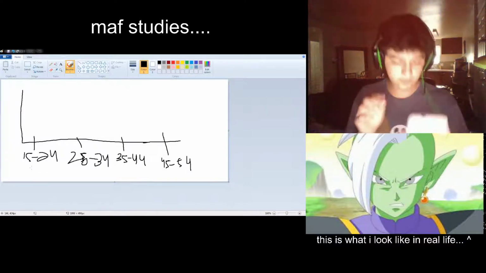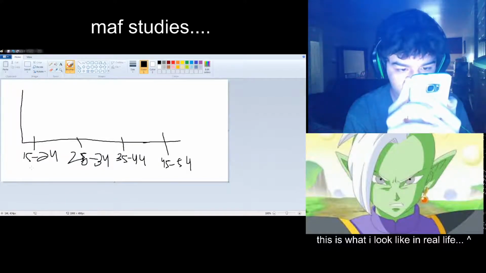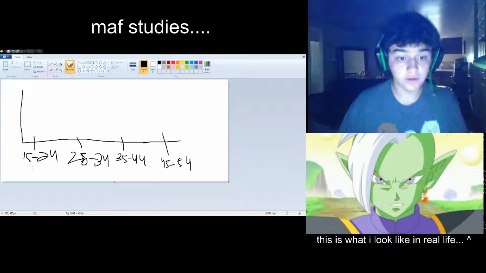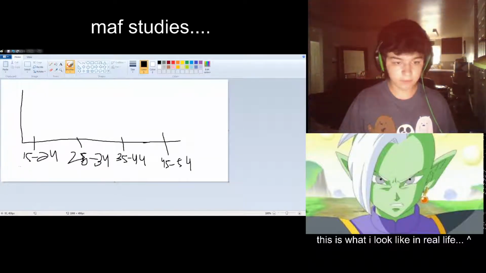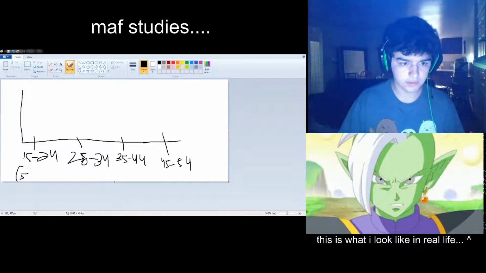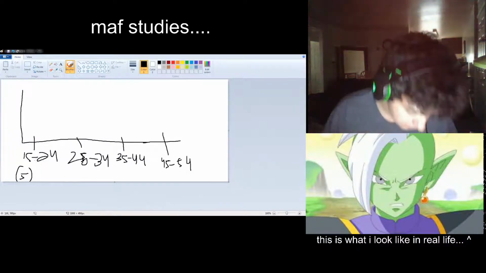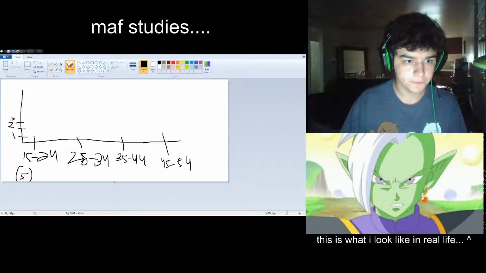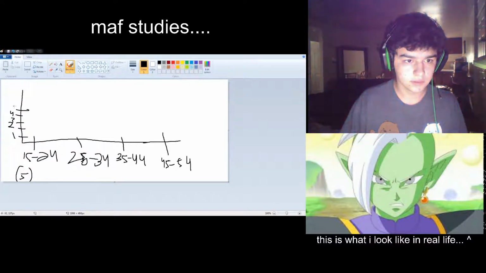So numbers from 15 to 24, there are 1, 2, 3, 4, 5. So there are 5 numbers in between 15 and 24. And so on this graph, it goes 1, 2, 3, 4, 5.